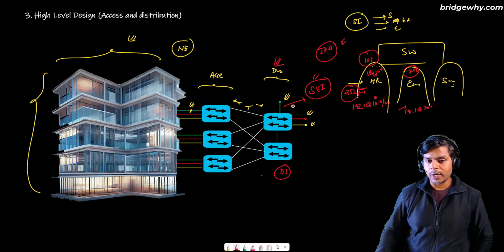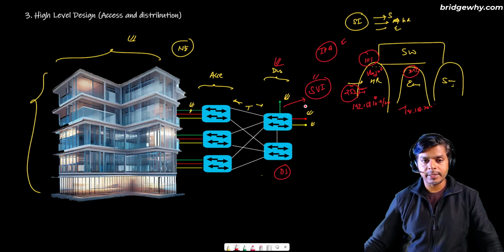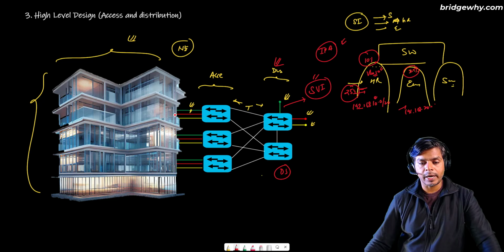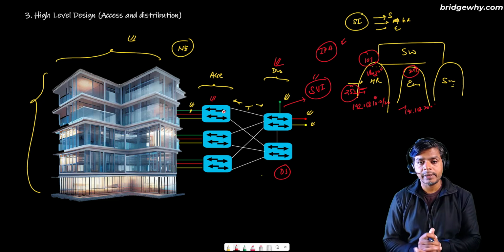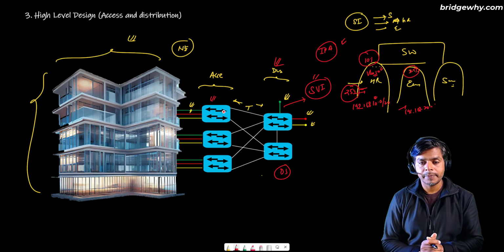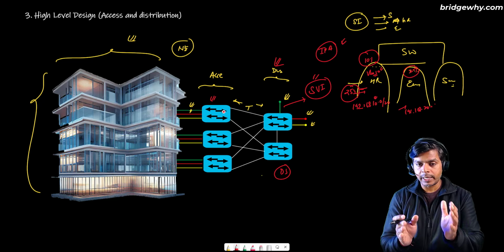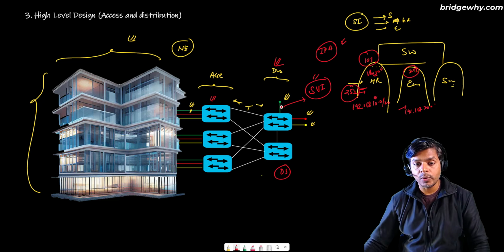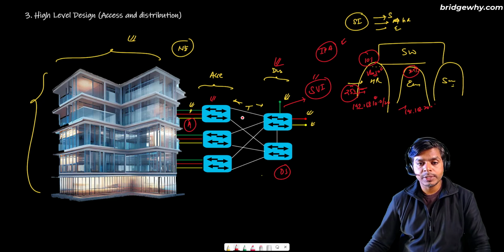So till now, what has Anjali done? Anjali has connected various wired devices to the switches, and then she has a second layer, which is a distribution layer, right? And then she connected them via trunk. And we all know that these are my access ports, these are my trunk ports, and here a spanning tree will be running, because we can see the loop in the network, right?